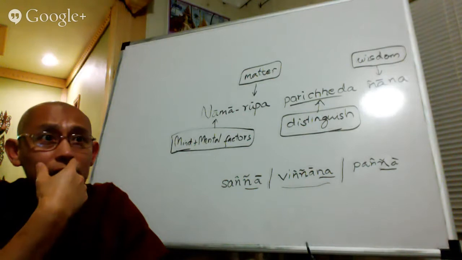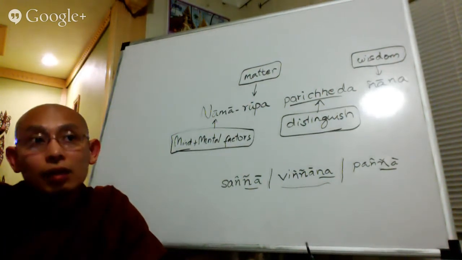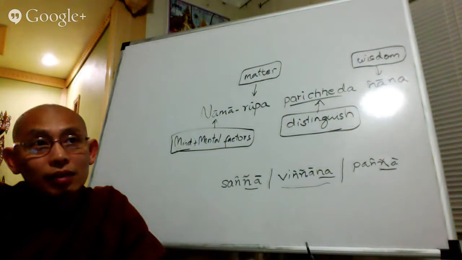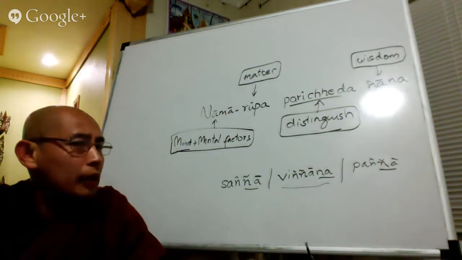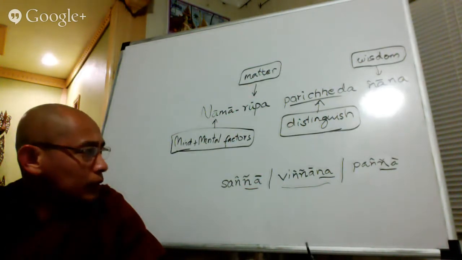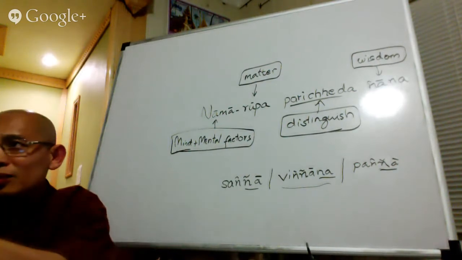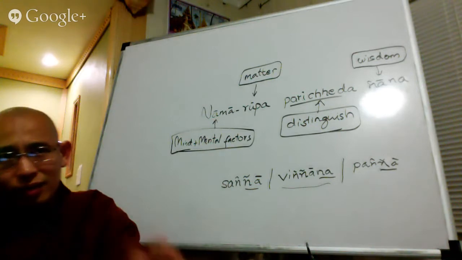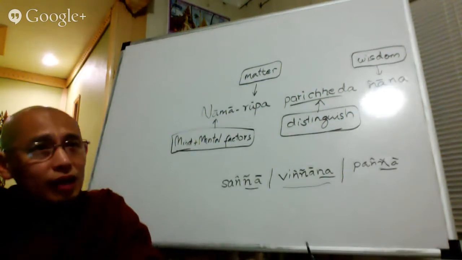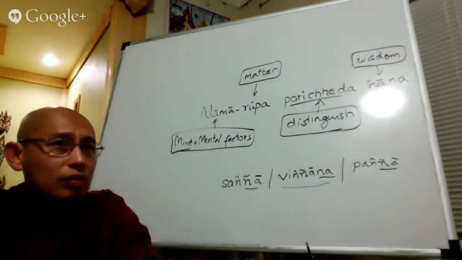Sometimes the air is a little bit hot. Sometimes the movement of air. So this is about sanya. Sanya perceives in different ways: movement, warm or cold, like this.